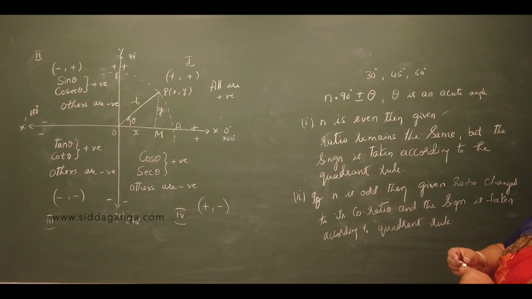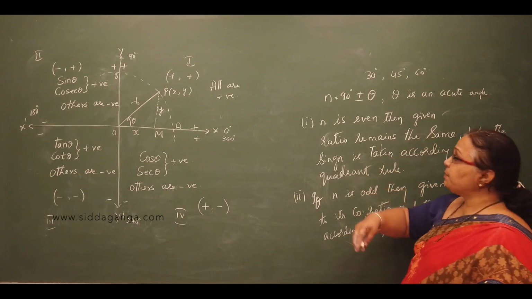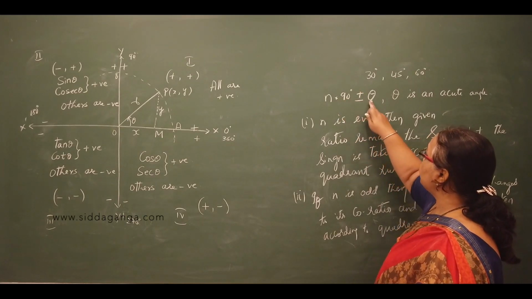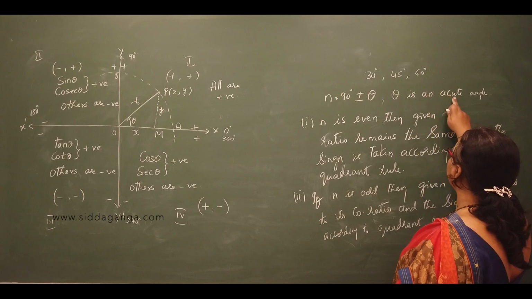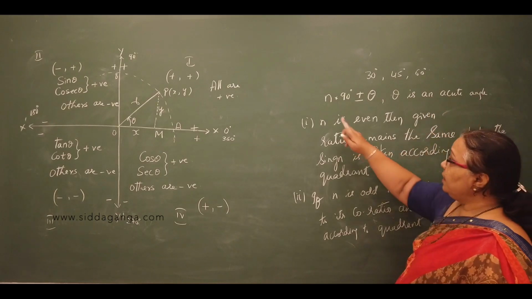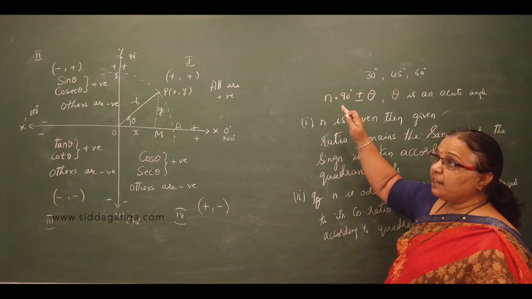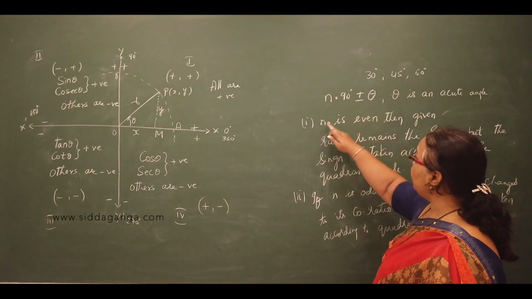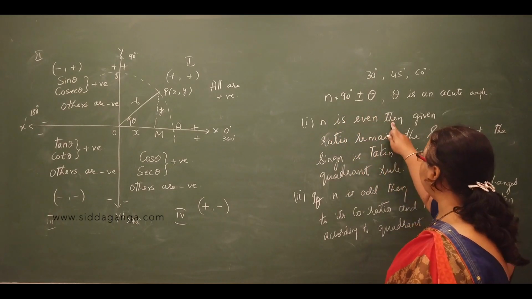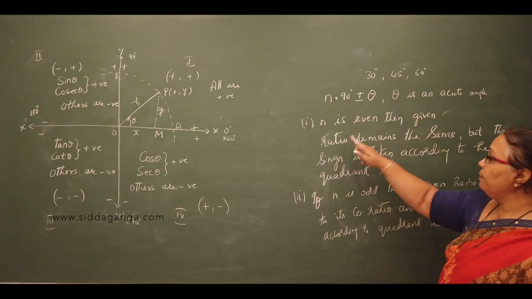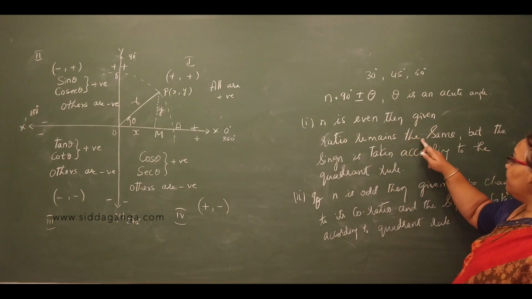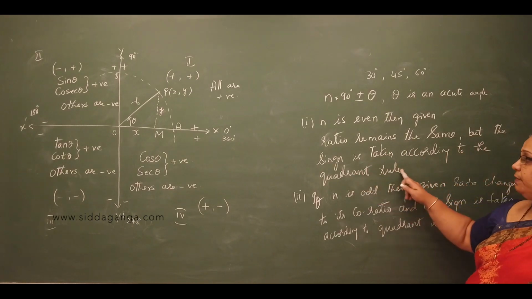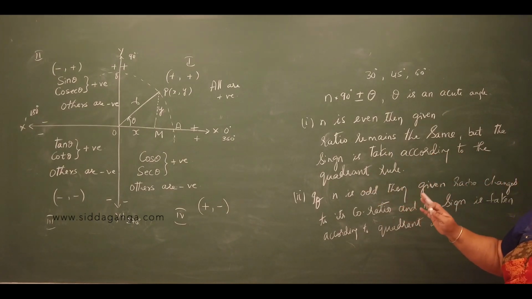That is, any given angle can be expressed as n times 90 degree plus or minus theta, where theta is an acute angle. If n is an even number, the given ratio remains the same, and the sign is taken according to the quadrant rule, which is a very important property.